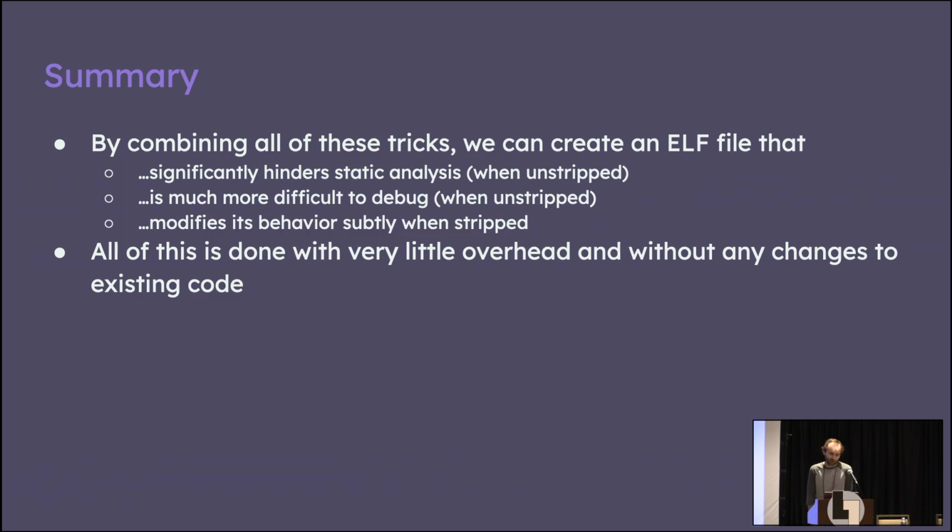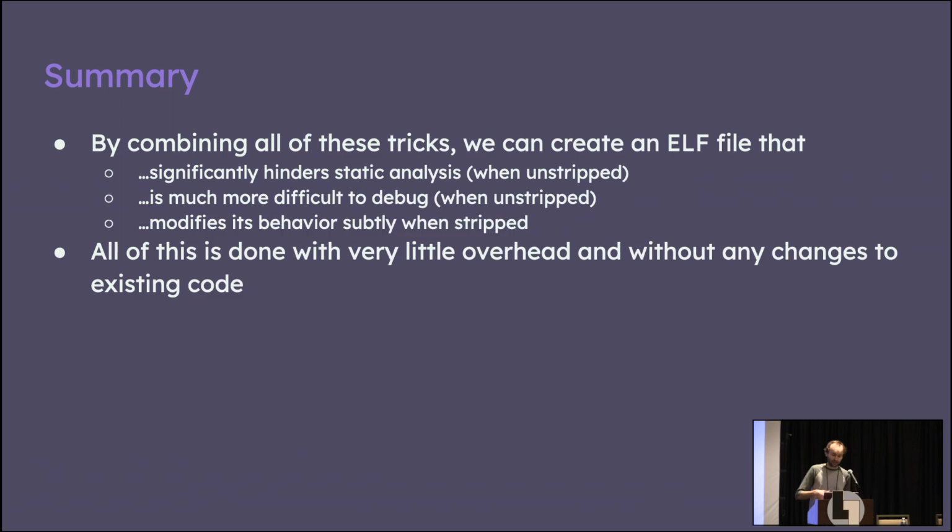And then all of this is done with really low overhead. Like we said, all of this symbol information isn't actually mapped into memory, so you're not adding anything to the memory overhead of the process. You are increasing the file size a little bit, but even that, you're talking a couple kilobytes at most. And we're not making any changes to existing code.